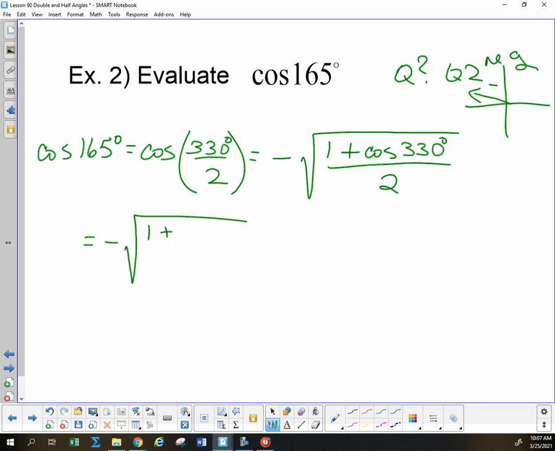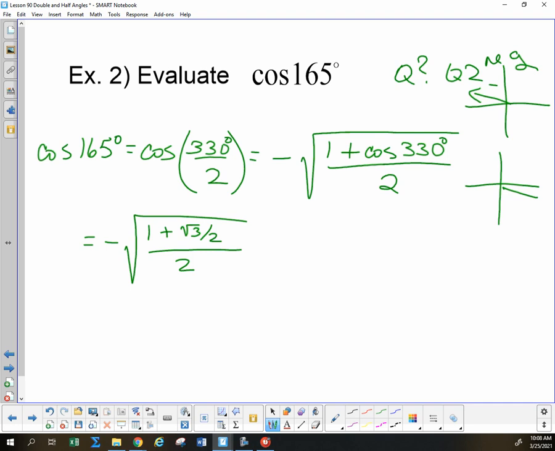Now 330 is not in quadrant 2. 330 is over here with a positive cosine. That makes no difference because we're really finding cosine of 165, and we know cosine 165 needs to be negative. We know that the cosine for 330 degrees is positive, root 3 over 2.